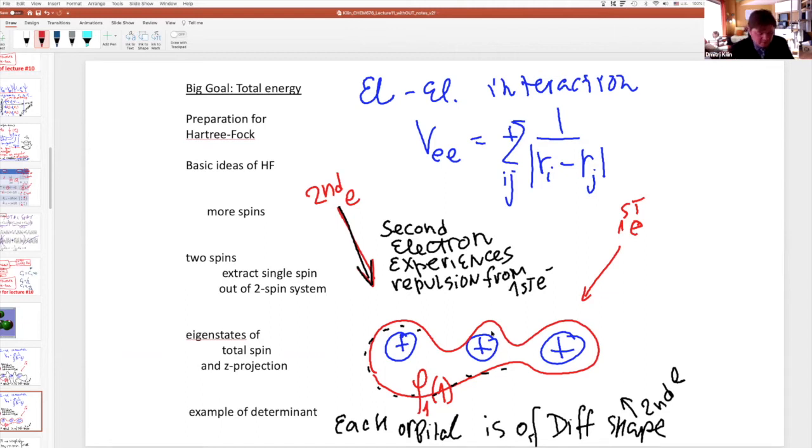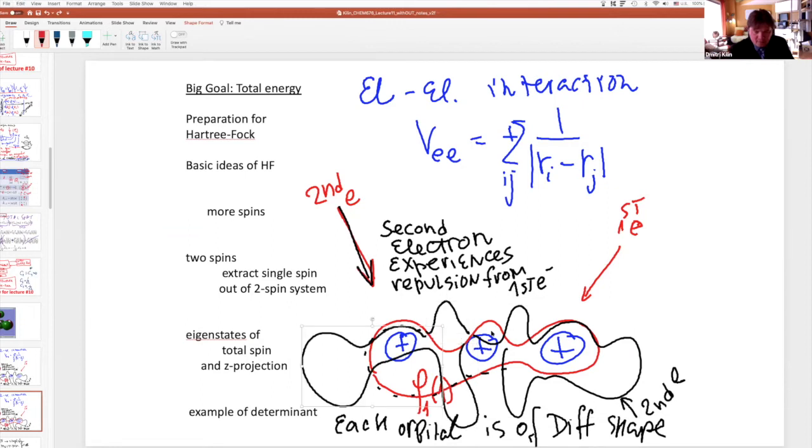Therefore, the second electron will take a shape that focuses on other areas in space, which do not coincide with the first one. Are you okay with this idea?